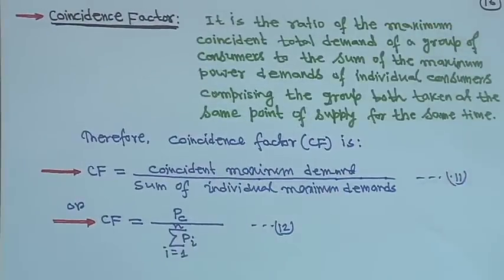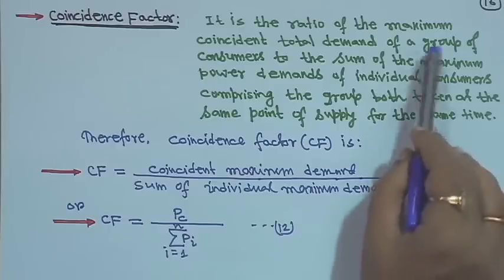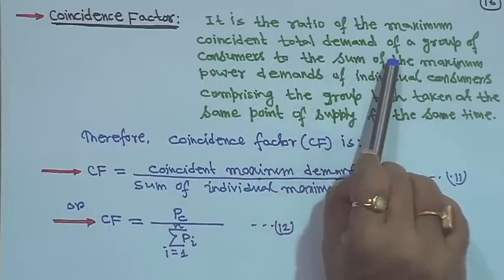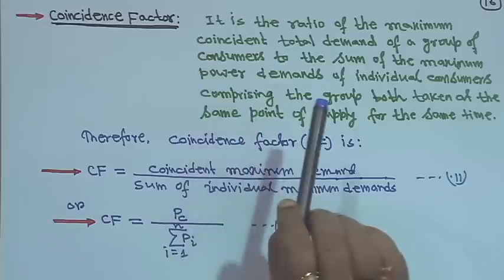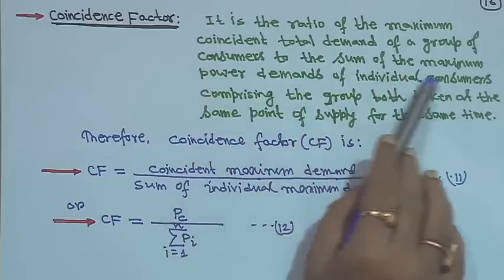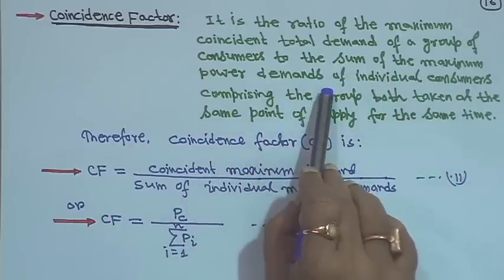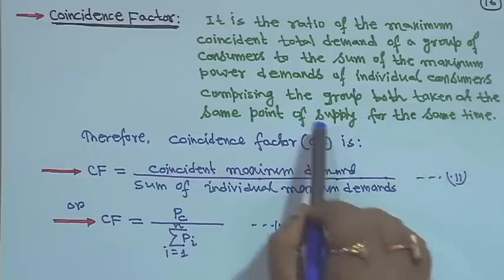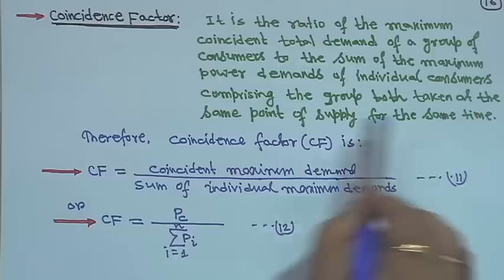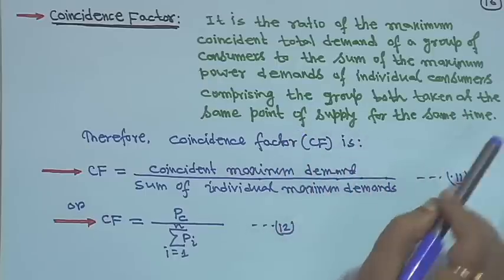Next one is the coincidence factor. It is the ratio of the maximum coincident total demand of a group of consumers to the sum of the maximum power demands of individual consumers comprising the group, both taken at the same point of supply for the same time.